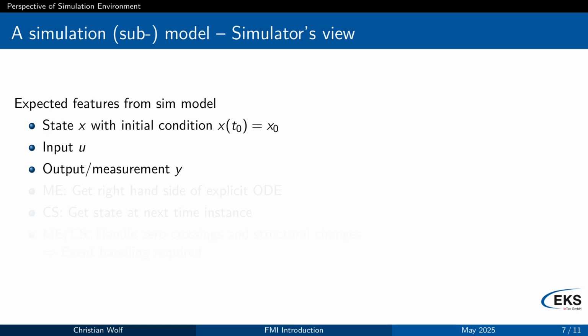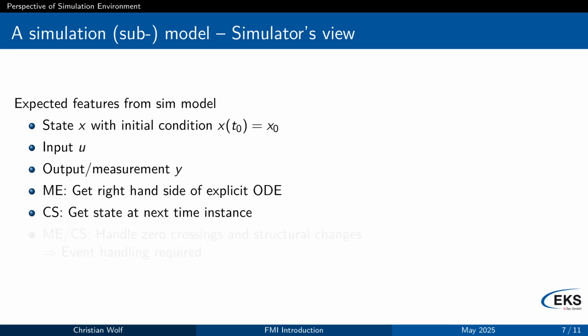Now, what does this mean for FMU? If you have a model exchange FMU, then we need some method, some function that will get the right hand side of an ordinary differential equation that the FMU represents, given the state, the input, and time eventually.